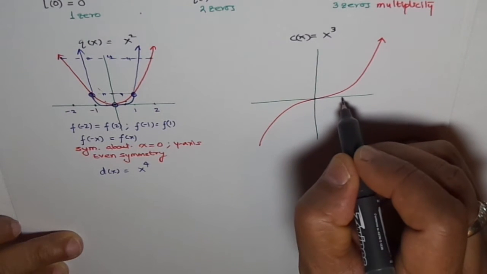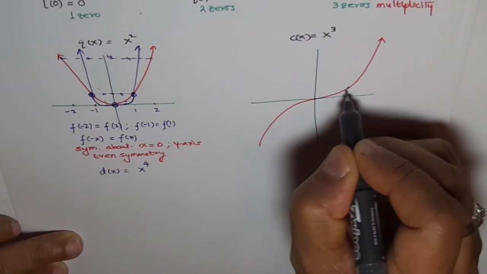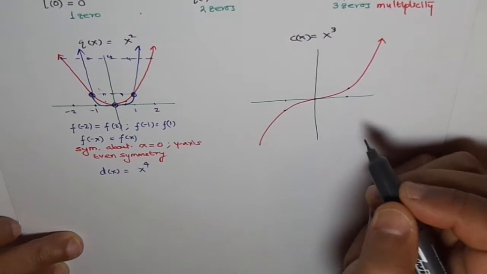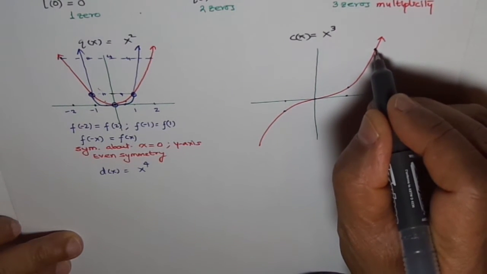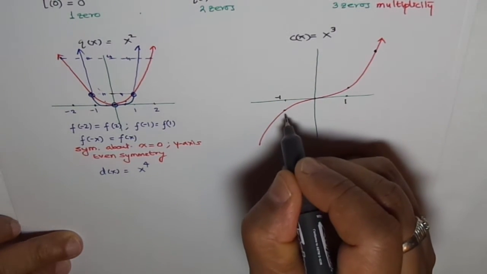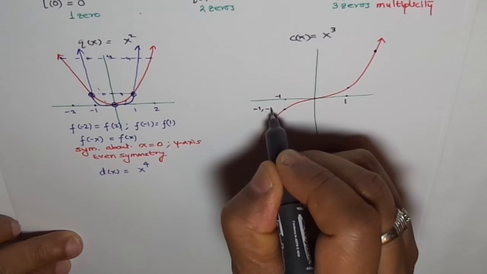Okay, now if x is 1, let's say this is our 1, this is our 1. Okay, similarly here 1 and 1. Okay. When x is 2, then 2 cubed is 8. It will be here. So at 1 we get 1. At minus 1 we get minus 1. So this point is minus 1, minus 1. Okay.